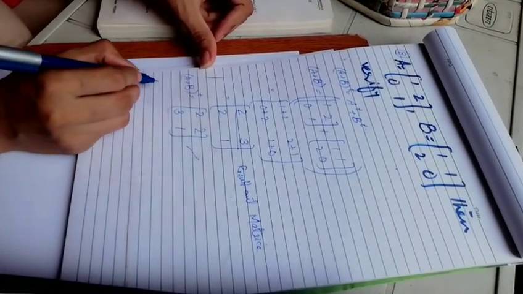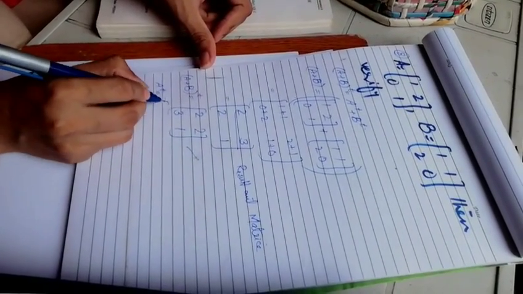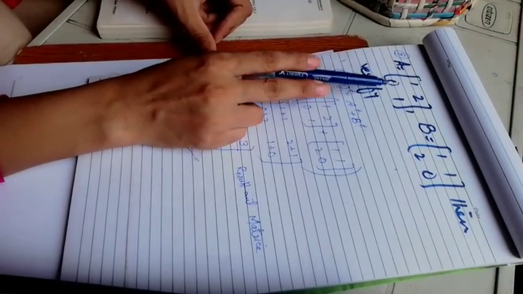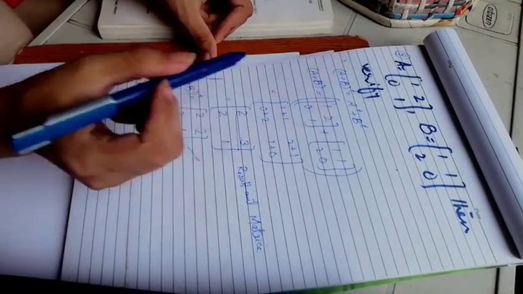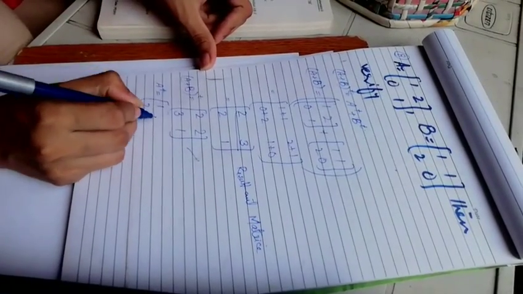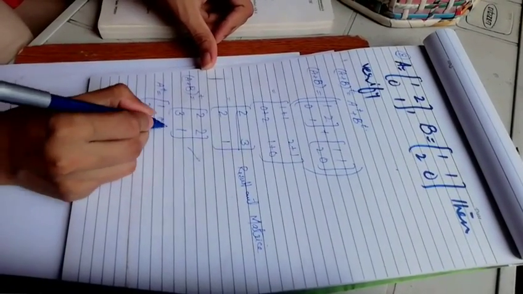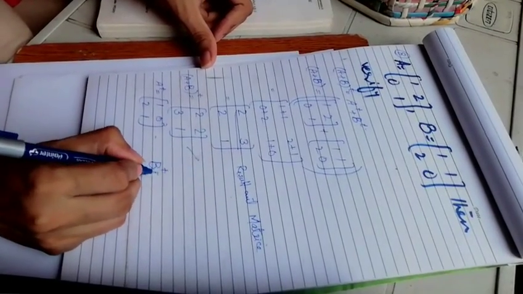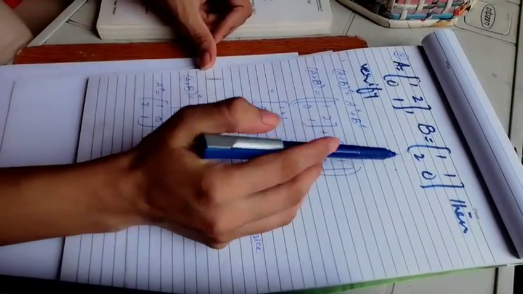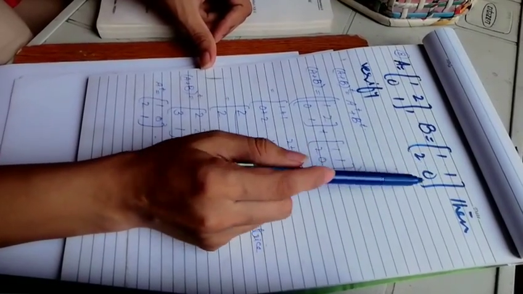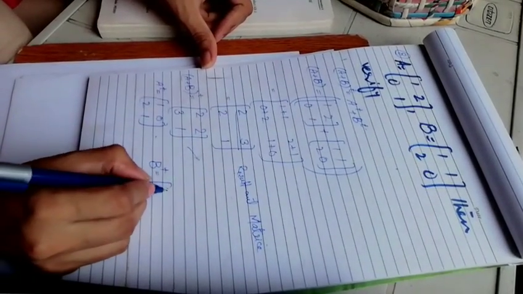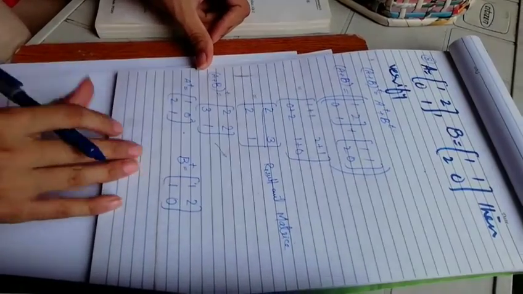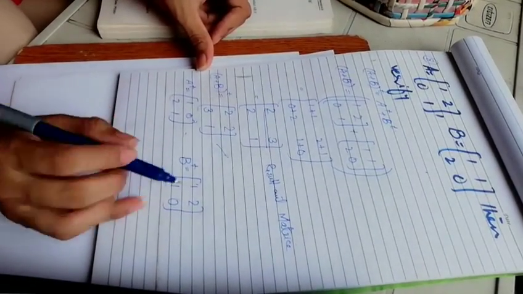Now take the transpose of A. If we have A as 1 2 0 1, when we take the transpose of A, it will become 1 0 2 1. Again with B, for B transpose, if we have B as 1 1 2 0, it will become 1 2 1 0. Okay students, we have got the transpose of A and B separately.